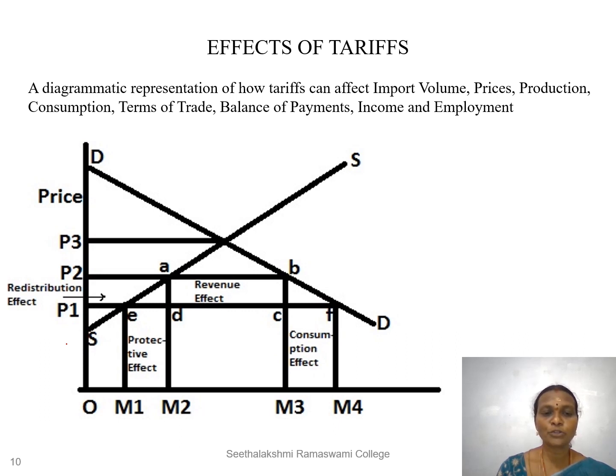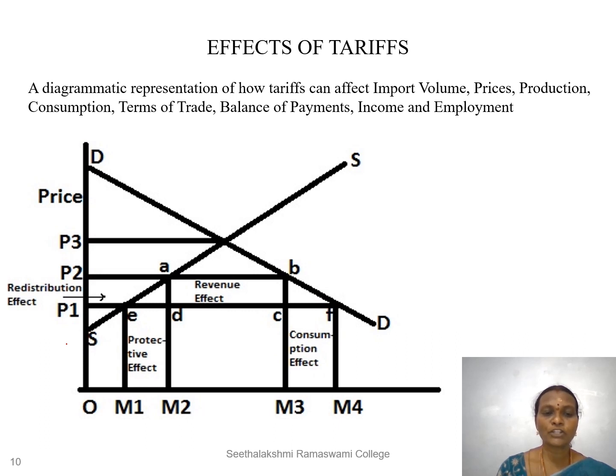At this OP2 price, the domestic country is able to increase the production to OM2. The production has been increased from M1 to M2. How has the production been increased? By applying the import substitution method.